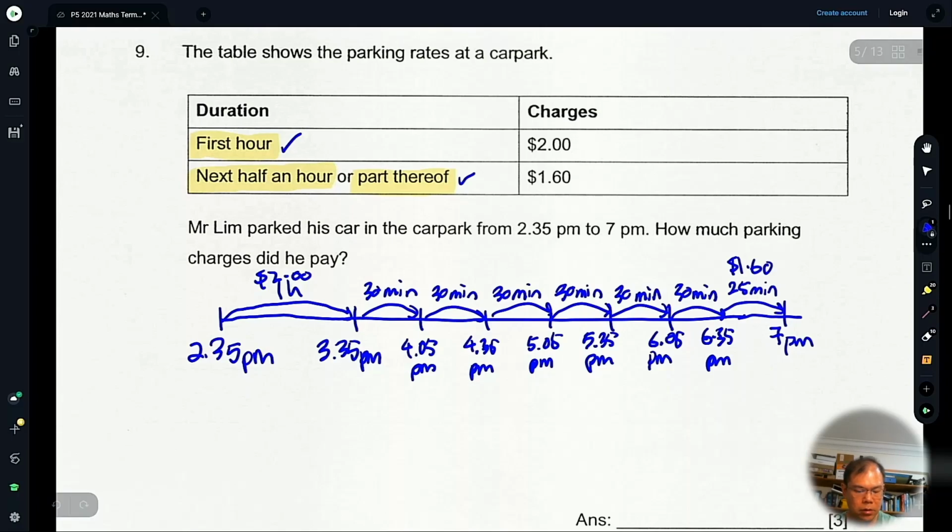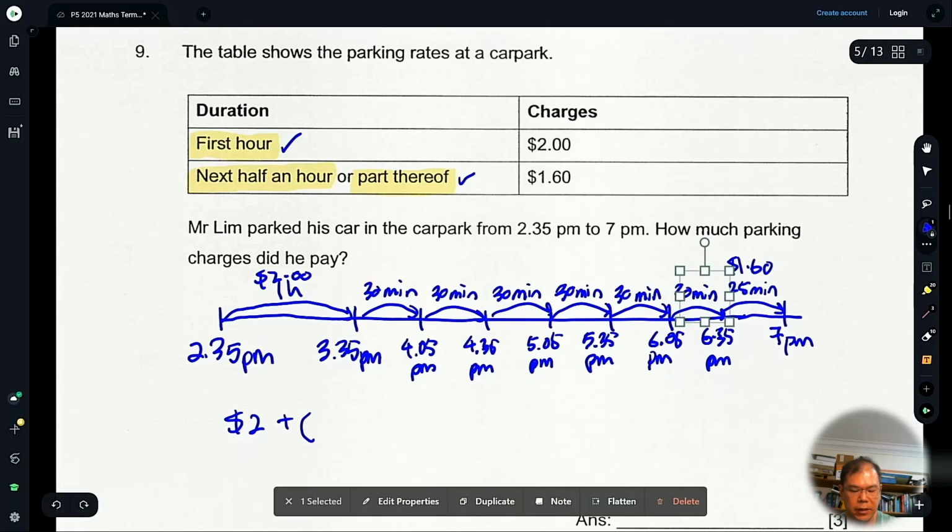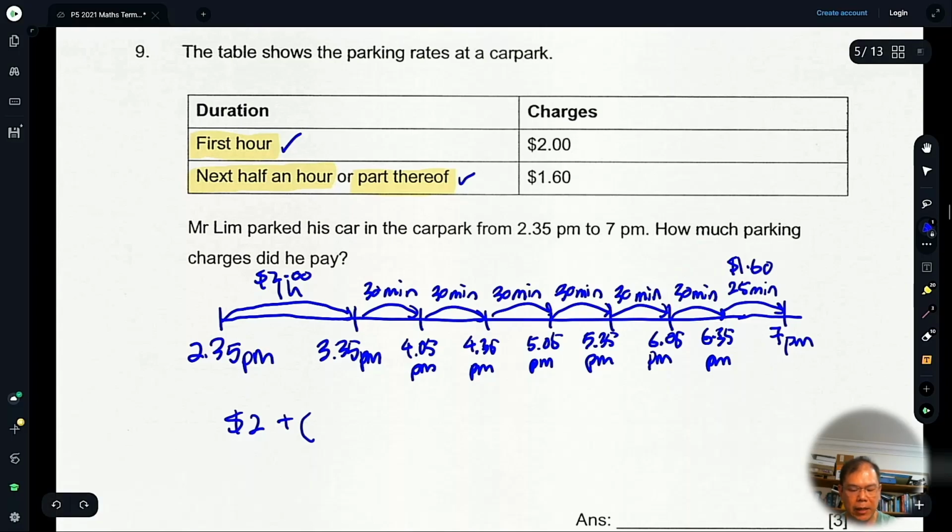So let's count. First hour is $2 plus how many blocks of 30 minutes? 1, 2, 3, 4, 5, 6, plus another part thereof, so 7 blocks of half an hour, and each half an hour is charged $1.60.